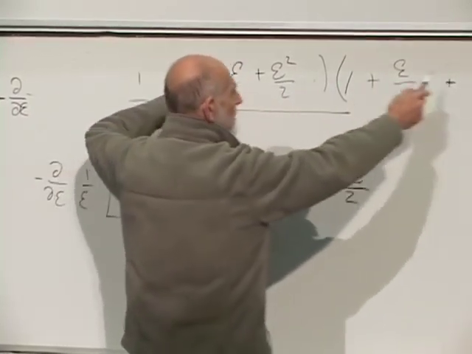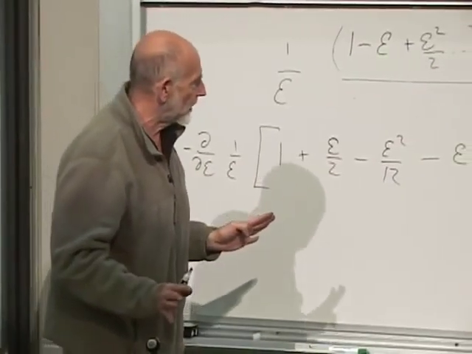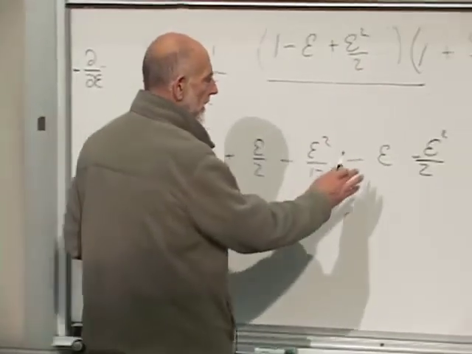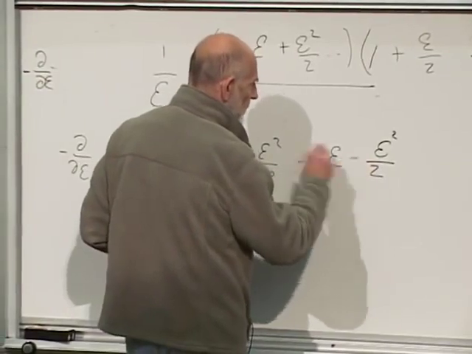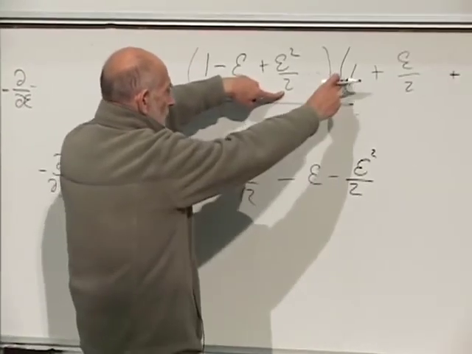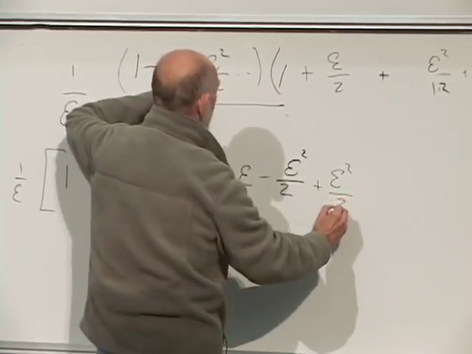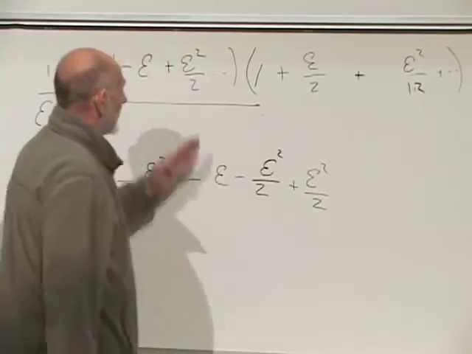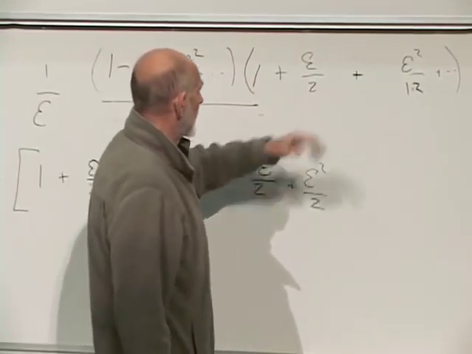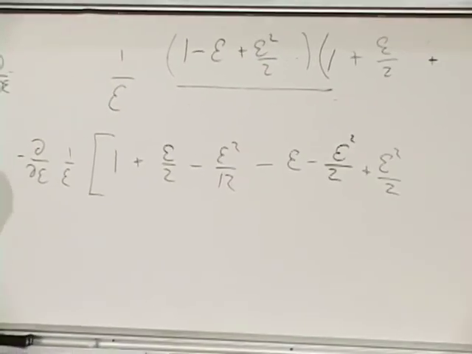But then from here we get something of order epsilon cubed, and I'm not interested in keeping anything of order epsilon cubed. That's too high an order. I don't care about it. We'll see why in a moment. And then we have plus epsilon squared over 2, and nothing past that because the next one would be epsilon fourth. I think this is everything to order epsilon squared.